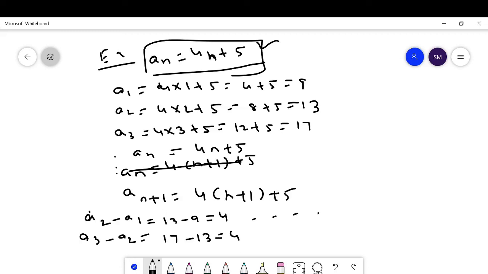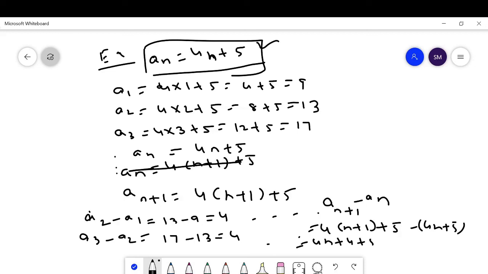In this way we can find An plus 1 minus An. An plus 1 is 4 into n plus 1 plus 5, minus An, which is 4n plus 5. Multiplying out, 4n plus 4 plus 5 minus 4n minus 5. 4n cancels, 5 cancels. The difference is 4.